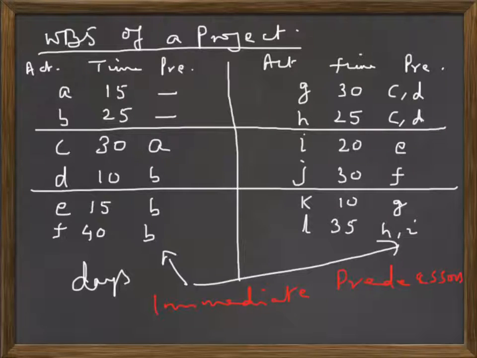So here we have the necessary details. All the 12 activities are given. Their time requirement is also given, and the immediate predecessor relationship is also given. We have to draw now an activity on arrow network diagram which represents this data.